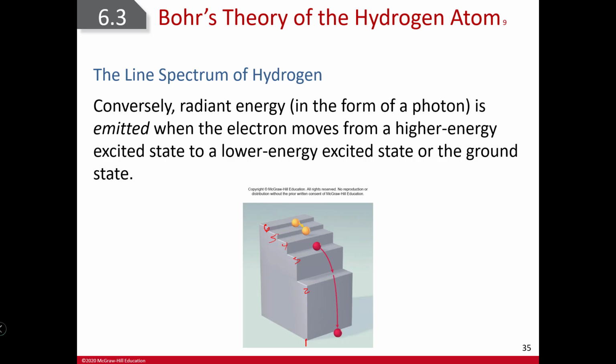What I want you to get out of this is that the biggest jump is between 1 and 2, and then 2 and 3. Notice that as we get further from the nucleus, which is down here somewhere, the closer the orbits get together. Can you imagine that at some point the steps are so small in increment that they start to look continuous? That's where we're getting with this.